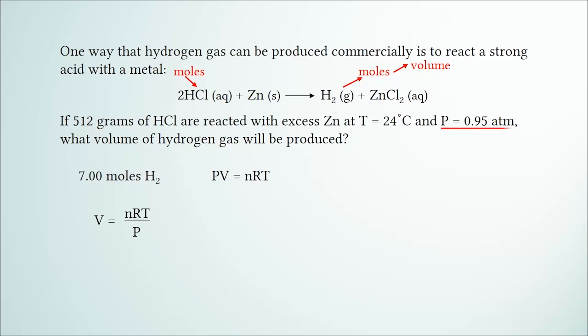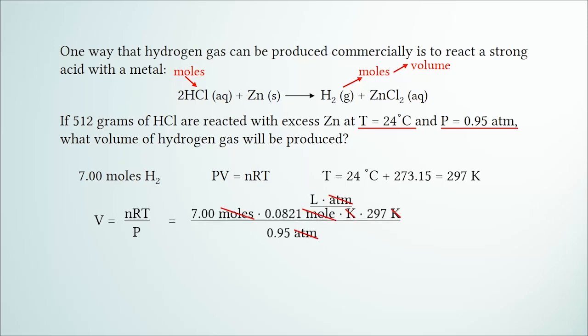Pressure is in atmospheres, which is good, but we need to convert our Celsius temperature to Kelvin. Adding 24 degrees Celsius plus 273.15, we get 297 Kelvin. Plugging our answers in and canceling out units, we end up with 180 liters of gas produced. And that's our answer. Let's try another one.